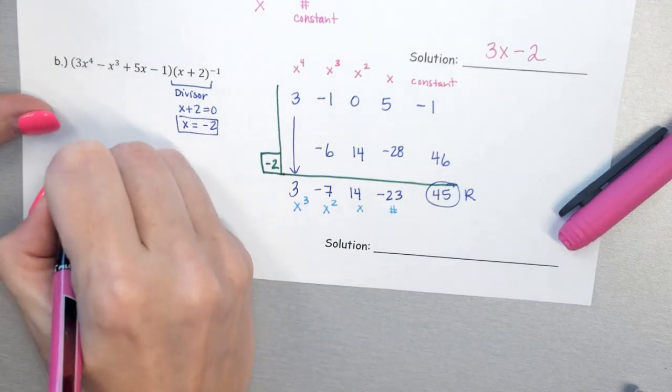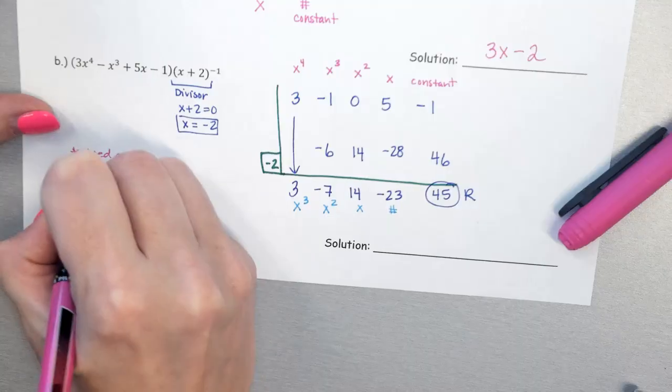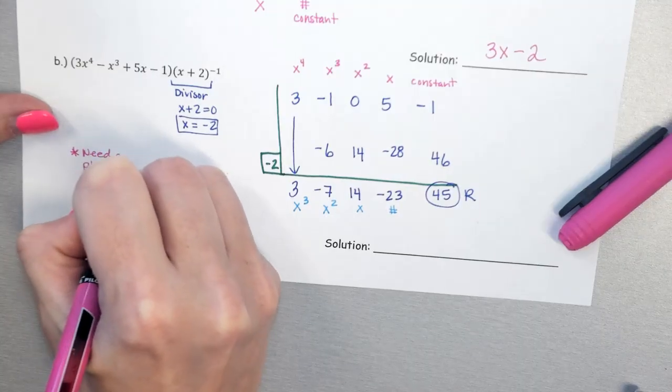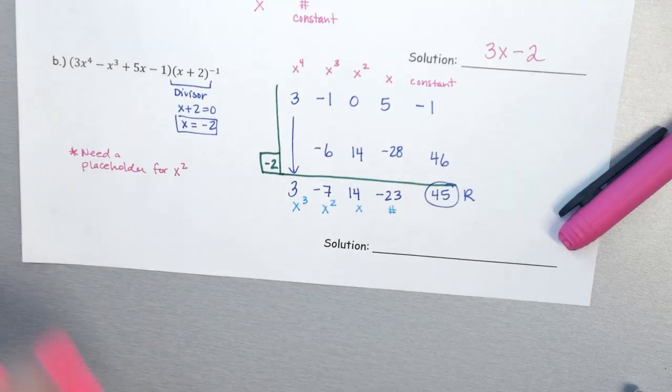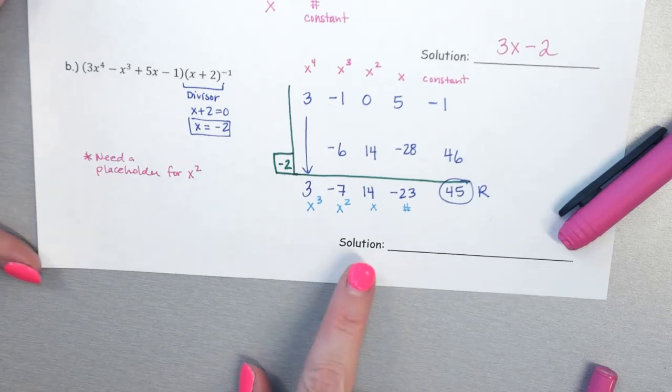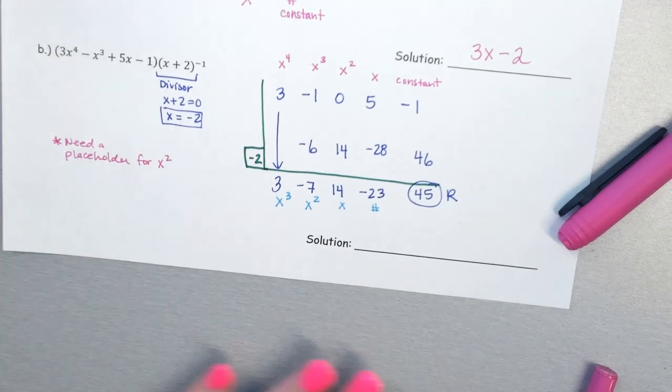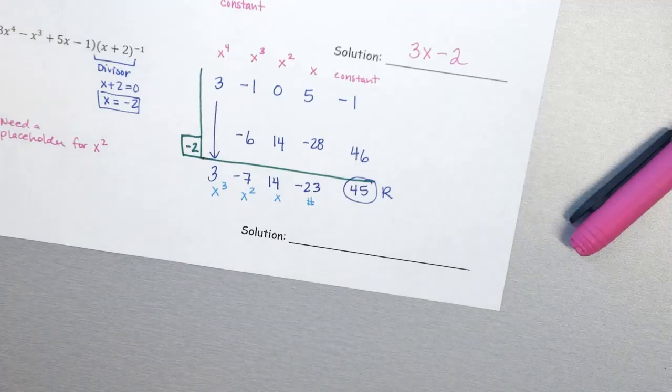For this one, we need a placeholder for x squared. Don't forget to check for those placeholders if you are missing a term, and that includes the constant term. Now, when you are writing out your solution, we are writing this in the same form as yesterday.